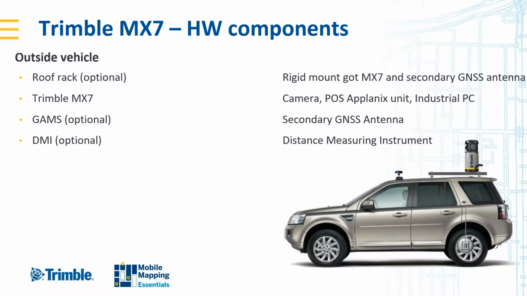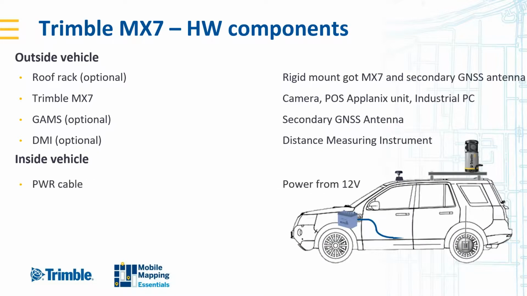And then quite often we will use a measuring wheel or a DMI that is installed on the wheel of the vehicle. This again gives us a distance input to our system, which can help in tricky environments where we lose GNSS coverage. So for example, if you went under a bridge or you're working in a downtown area with very tall buildings, it's another useful input to our navigation system.